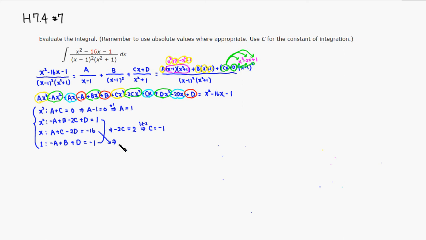Let's see, a is 1, c is negative 1, and then you have negative 2d is equal to negative 16. So the negative 1 cancels out, and then you can just divide through by negative 2 to get d is equal to 8.